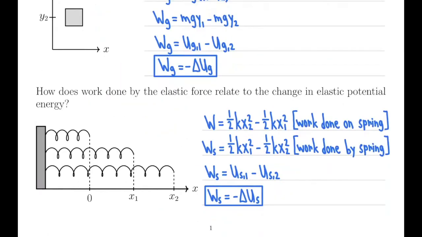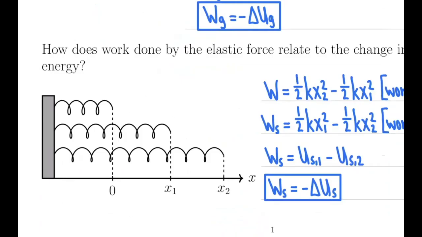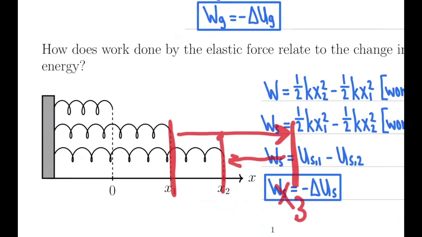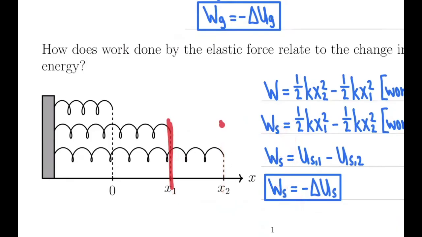The same thing is true for an ideal spring. So stretching the spring from x1 to x3 and then letting it go back to x2 does the same net work as just going directly from x1 to x2, because it's a conservative force and the only thing that matters is the initial and final positions.